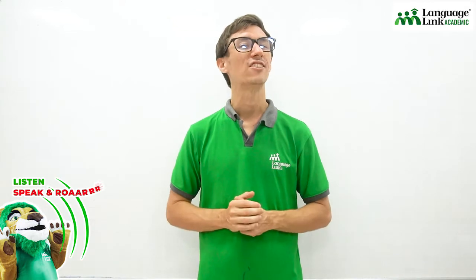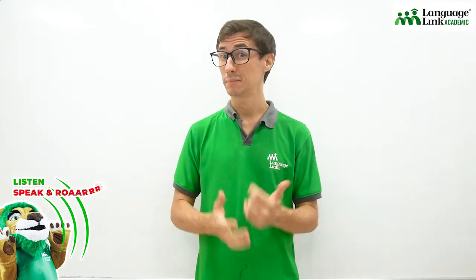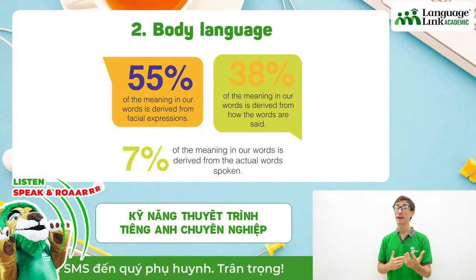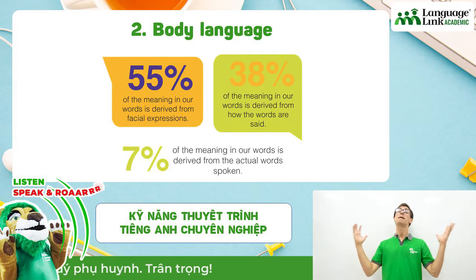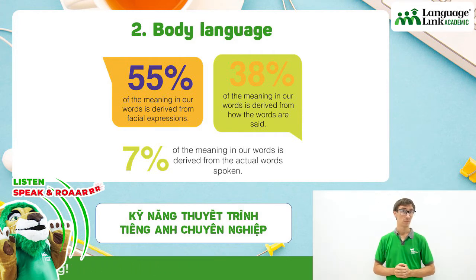Our next tips are about body language and how to present to an English-speaking audience. In the English language, some words can have more than one meaning. And the way we say them makes a big difference to the word's meaning. In fact, 55% of the meaning from our words in a presentation come from our facial expressions.